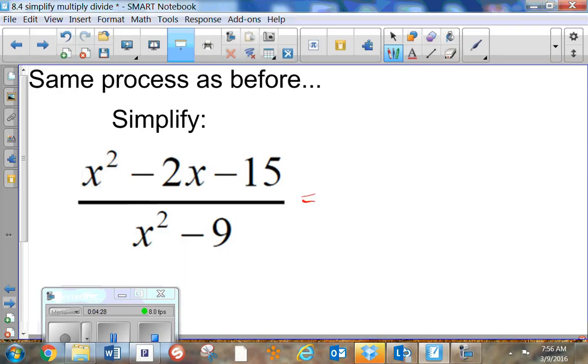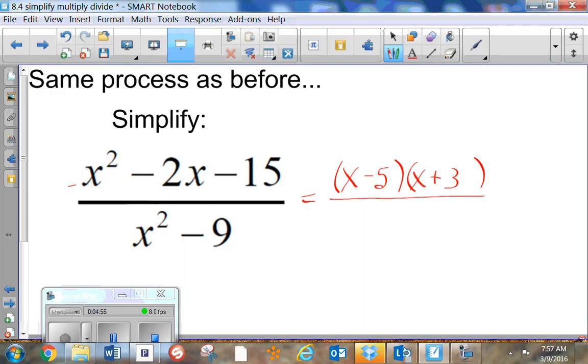On the top, I need to find factors of -15 that add up to -2. It'd be a monic, because there's nothing in front here, so I can go ahead and put x and x. What would those two factors be? -5 and +3. Beautiful. So these two factors, this times this, equal that trinomial.